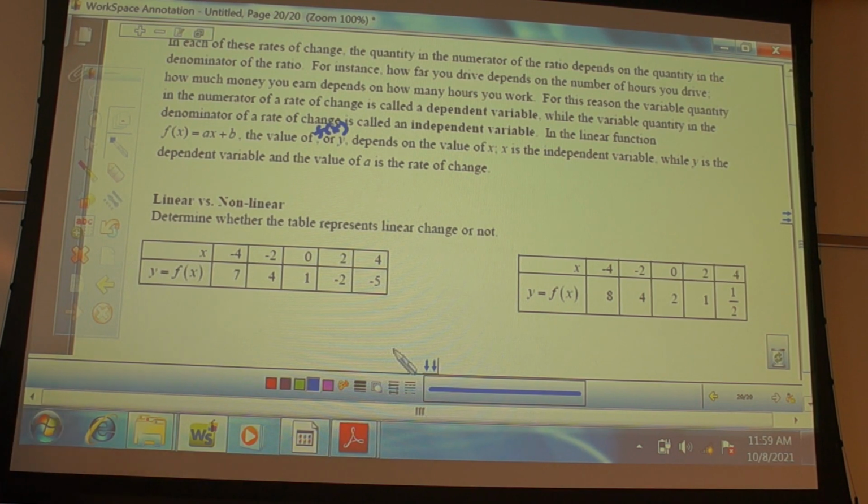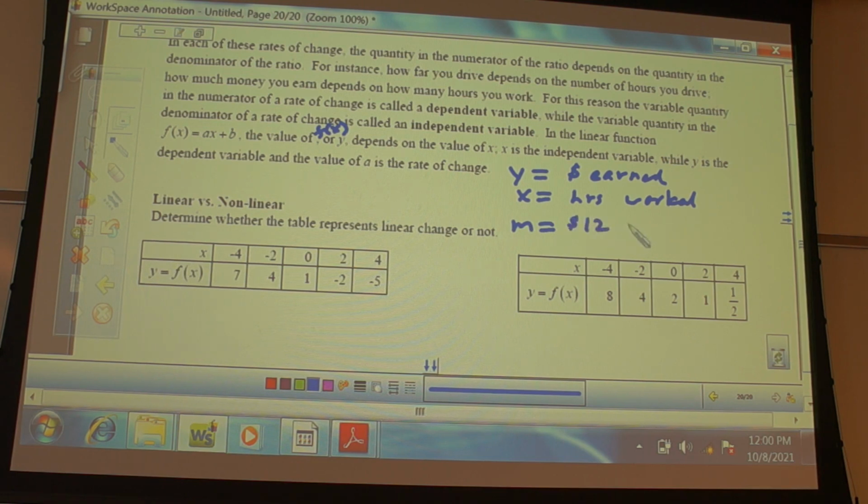Before we go too far, I just want to make sure you understand this idea of the rate of change. For example, if you make $12 an hour, then y equals the money earned, x equals hours worked, and your rate, your m, is $12 an hour.